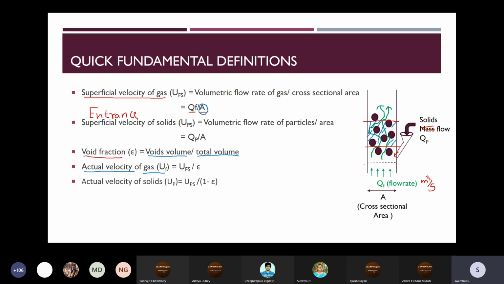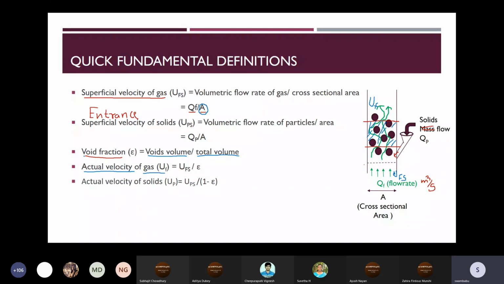Now the gas is flowing between the void spaces. So here the velocity is UFS, the superficial velocity, before the gas enters the solids and passes through the supporting plate. And the velocity of the gas inside the bed is UF.